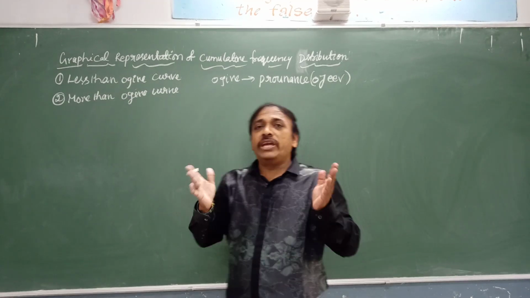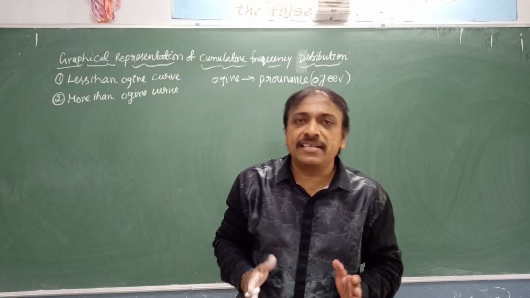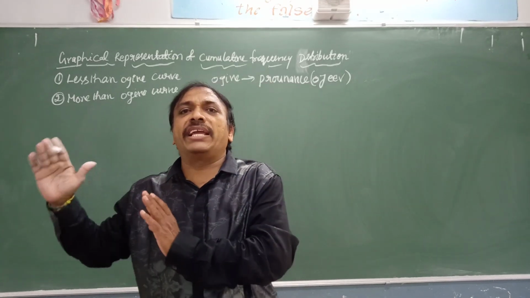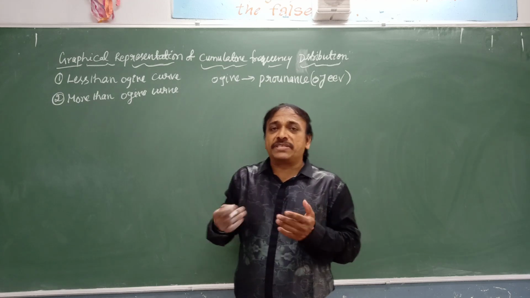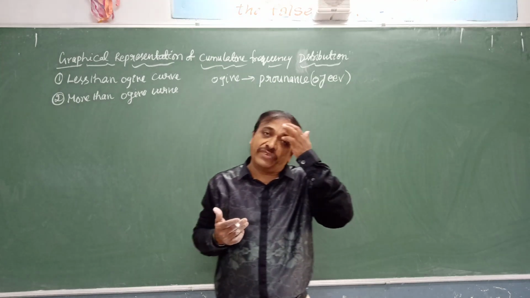In this, we use class intervals and the corresponding cumulative frequencies. In that again we have two types. Which class limits do we take?